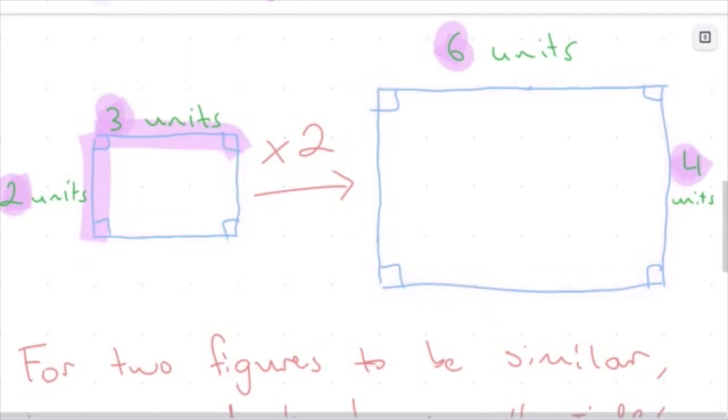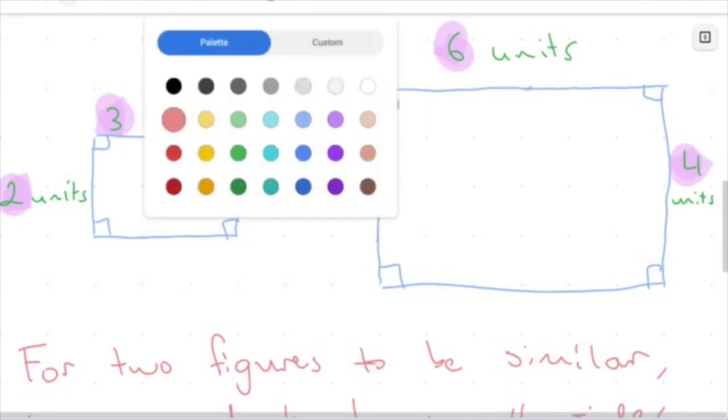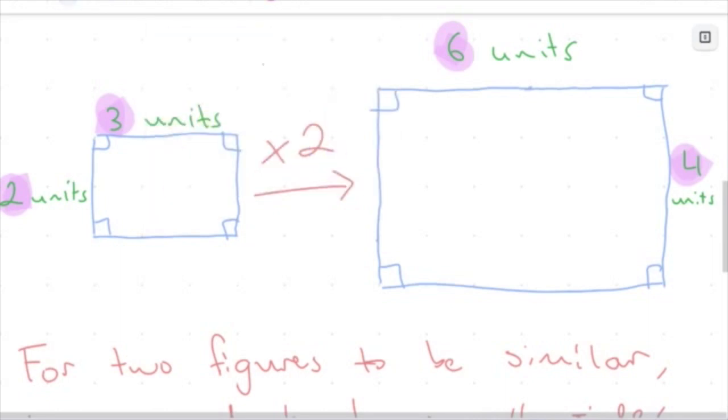And we found that in this little investigation, we found that each was multiplied by 2. This thing here, my number 2, is my scale factor. The number that was applied to each of the dimensions in order to enlarge it.